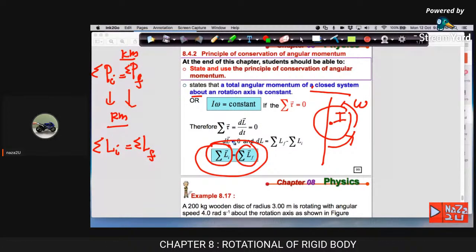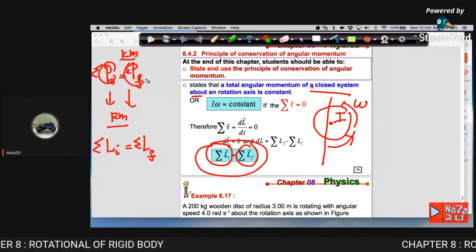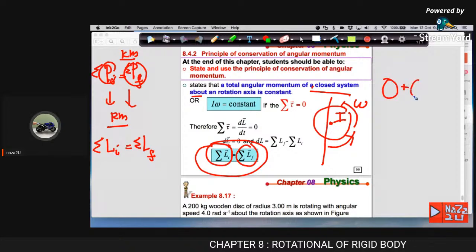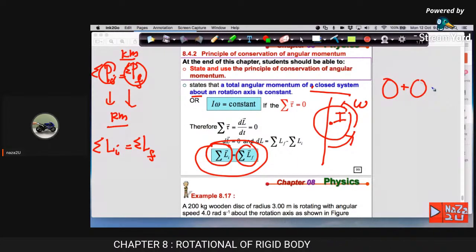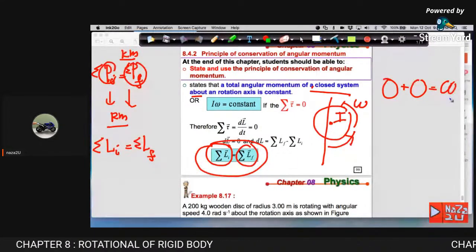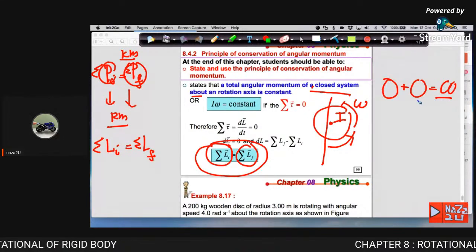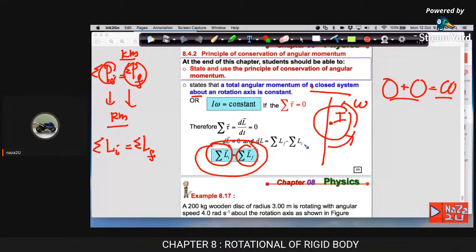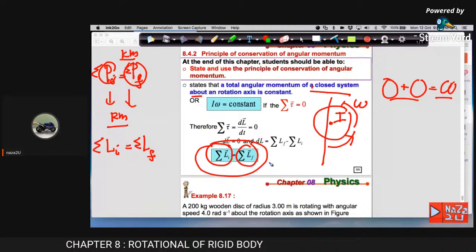Sama juga dalam case kinematic motion, jumlah momentum sebelum sama dengan jumlah momentum selepas. Kan kita tengok sebelum ni kalau satu jasad berlanggar dengan satu jasad, lepas tu katalah dia melekat, total momentum before is equal to total momentum after. Tapi dalam kes putaran pun sama juga, dia ada angular momentum.